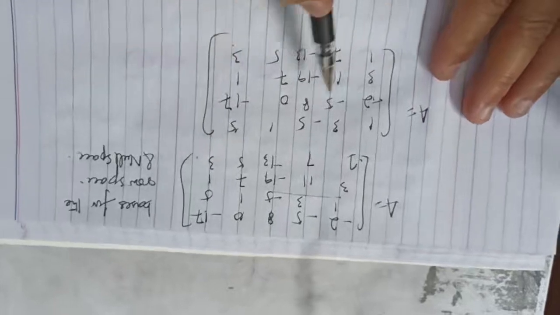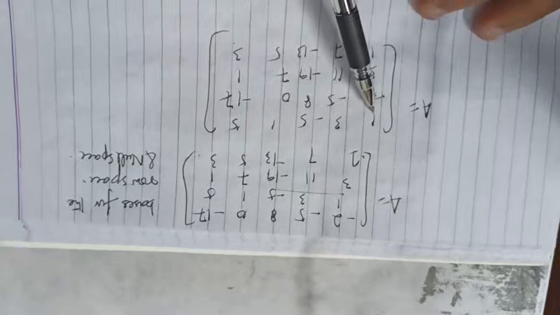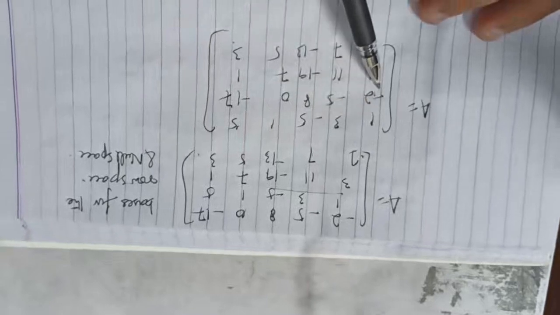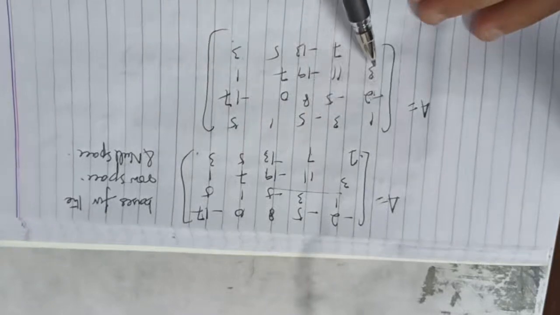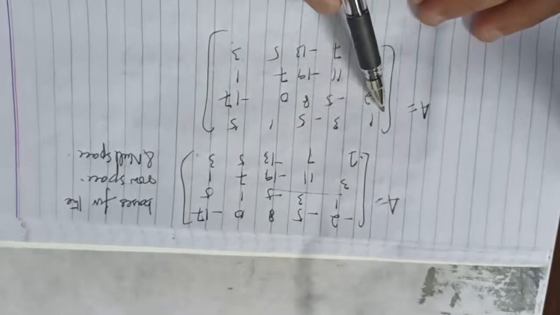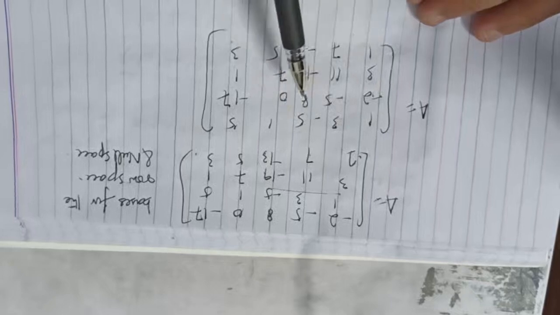Okay, so we can reduce it to echelon form. Multiply the first row by 2 and add it to the second row, multiply the first row by 3 and subtract it from the third row, and subtract the first row from the fourth row, right?